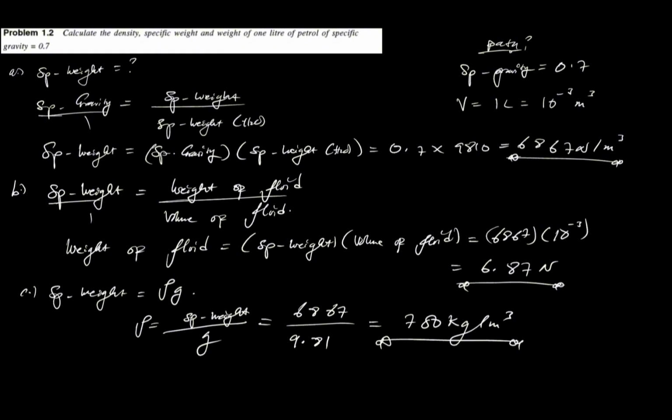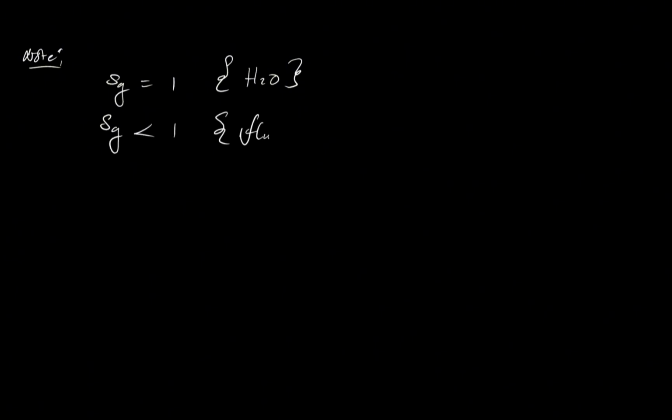All right. The last thing I need you to understand is that the specific gravity can tell you a lot about the fluid that you're studying. So take note of this. If the specific gravity is equal to 1, then the fluid that you're studying is basically water. If the specific gravity is less than 1, then the fluid you're studying is lighter than water.